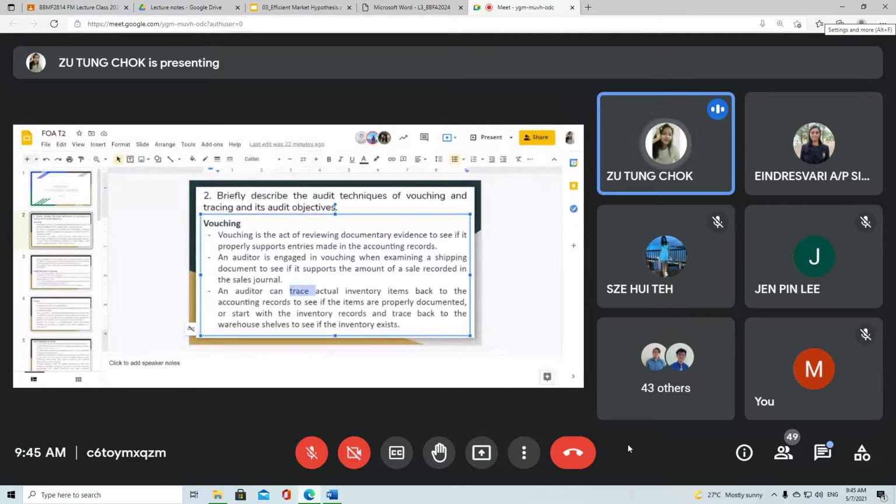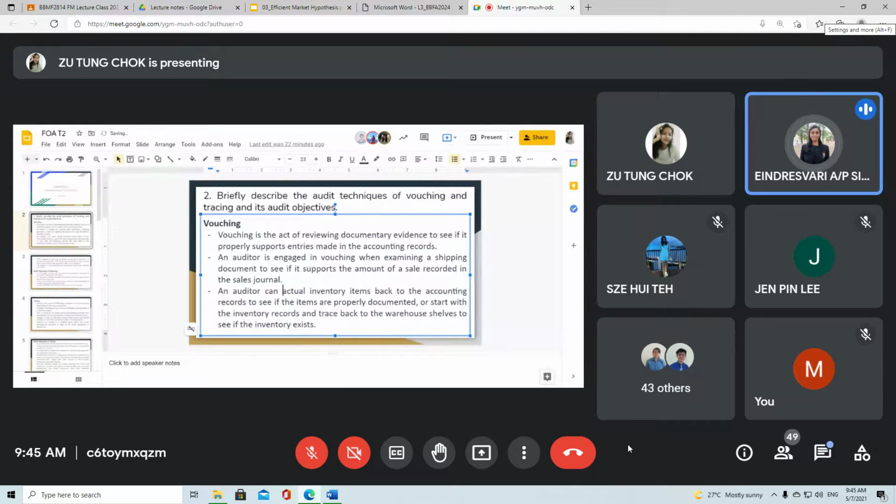Should be changed to vouch. That's why I said present in Microsoft Word, easier to see. Okay. Anyway, so give me an example of vouching.